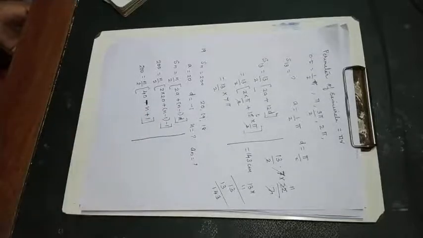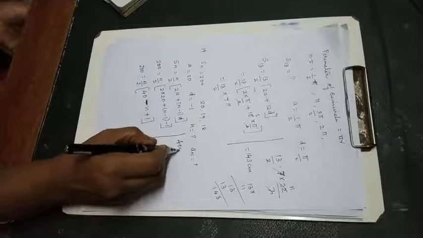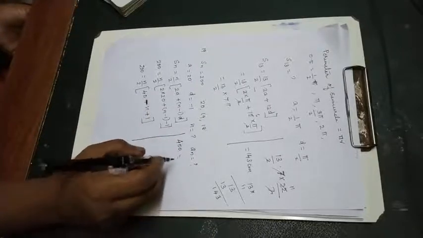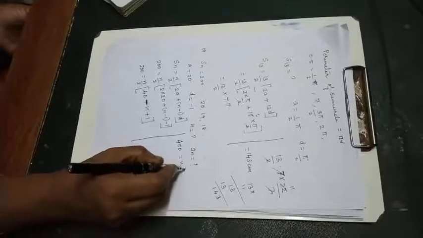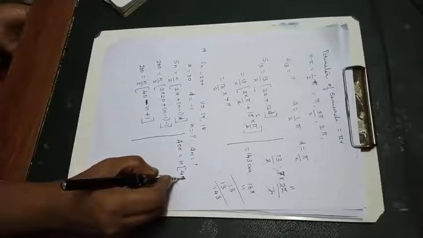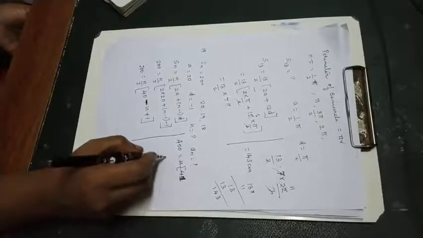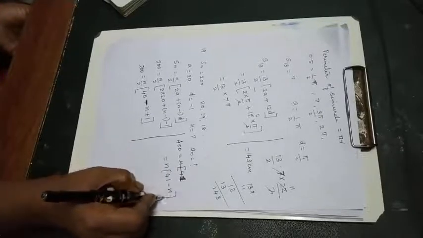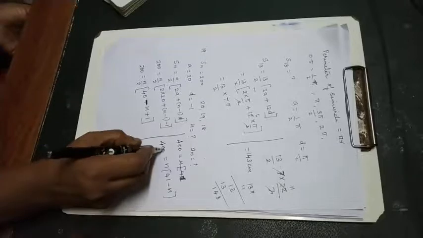So 400 is equal to n into 40 plus 1, 41, n into 41 minus n, that is equal to 400.